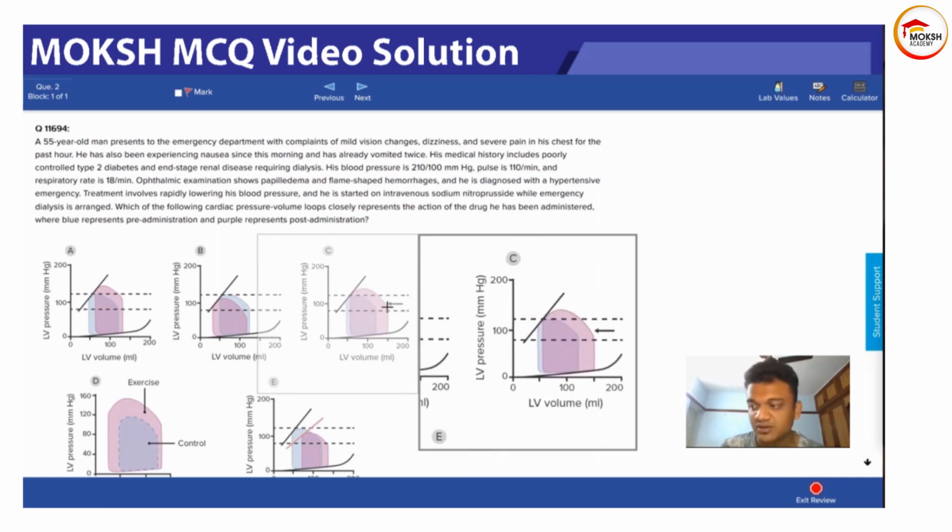We measure this specific point, the point when the aortic valve opens. When does the aortic valve open? When left ventricular pressure matches or just crosses the afterload. So this is the point you should see, not the top point. That's a common mistake you can make.